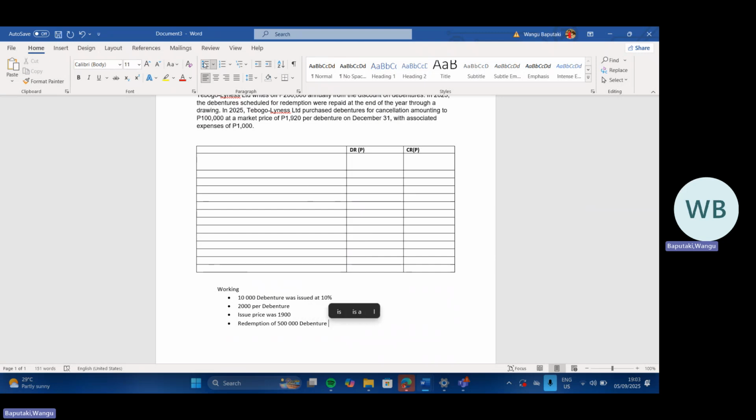In 2023, then there were issuance expenses of 50,000 which were written off in 2020.